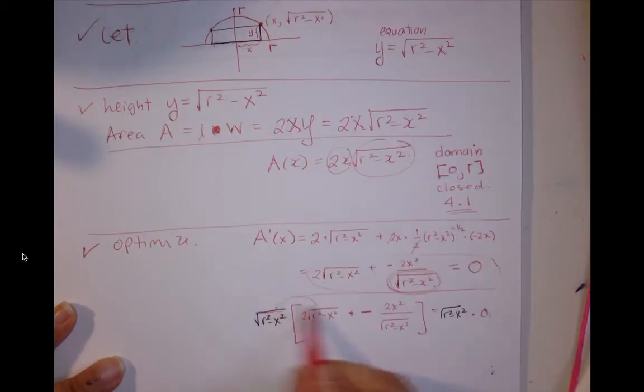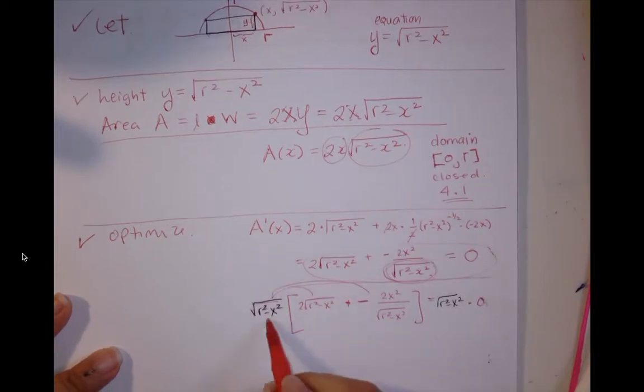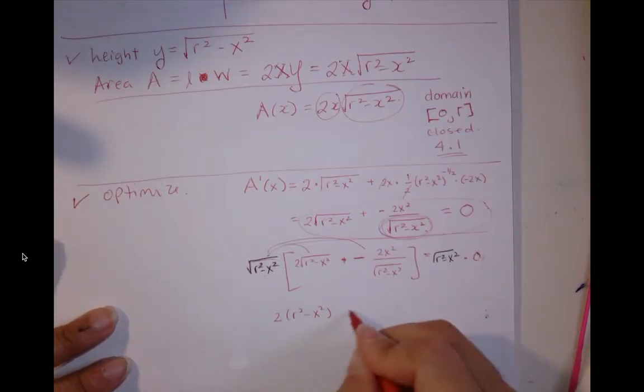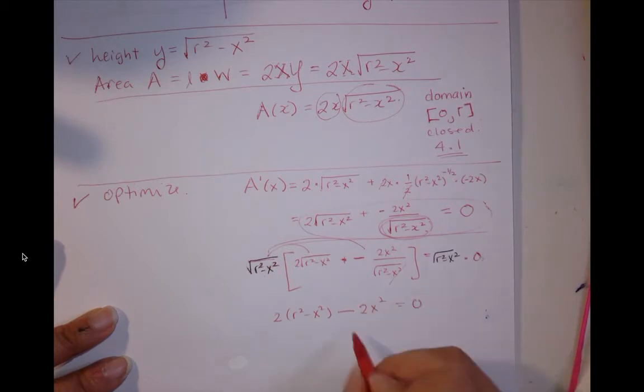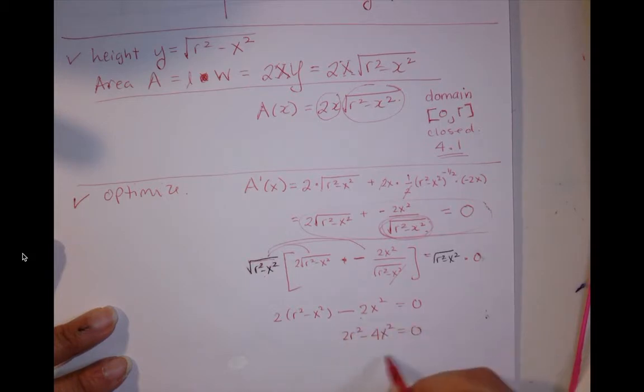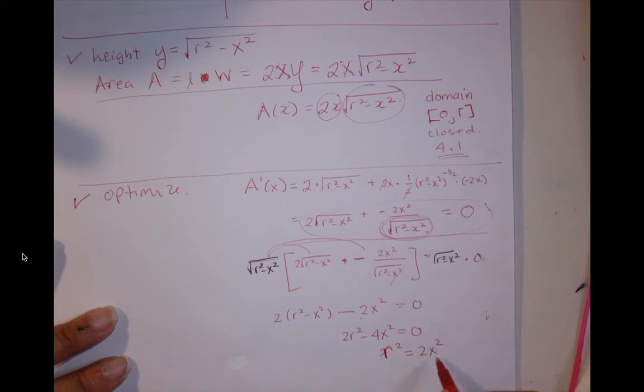If I distribute, this becomes 2 times (r² − x²) minus 2x squared equals 0. This leaves me with 2r squared minus 4x squared equals 0, which leaves me with r squared equal to 2x squared. Remember, I'm solving for x here.